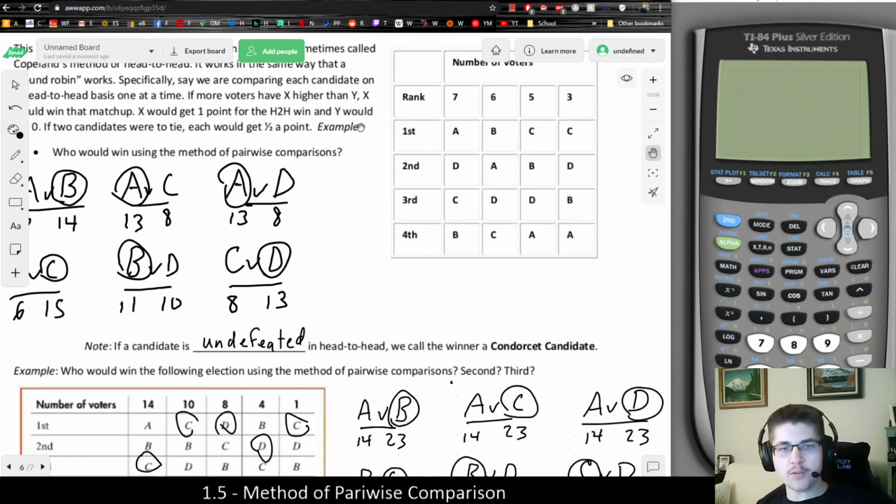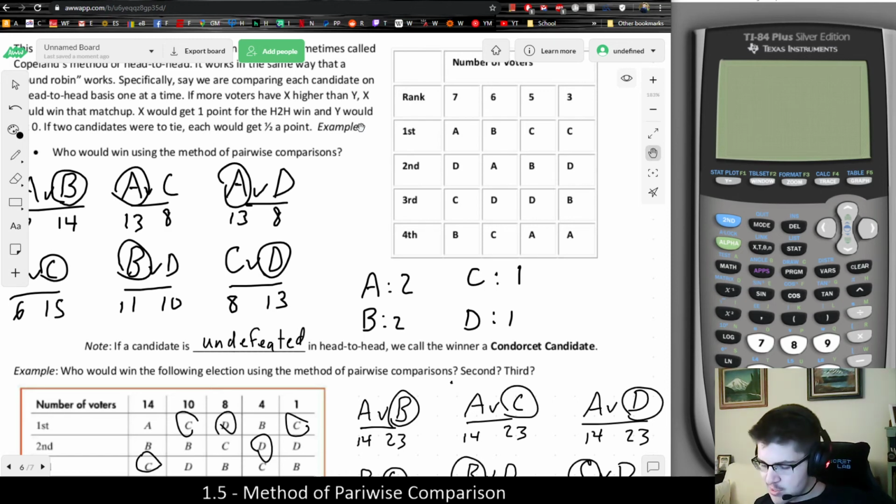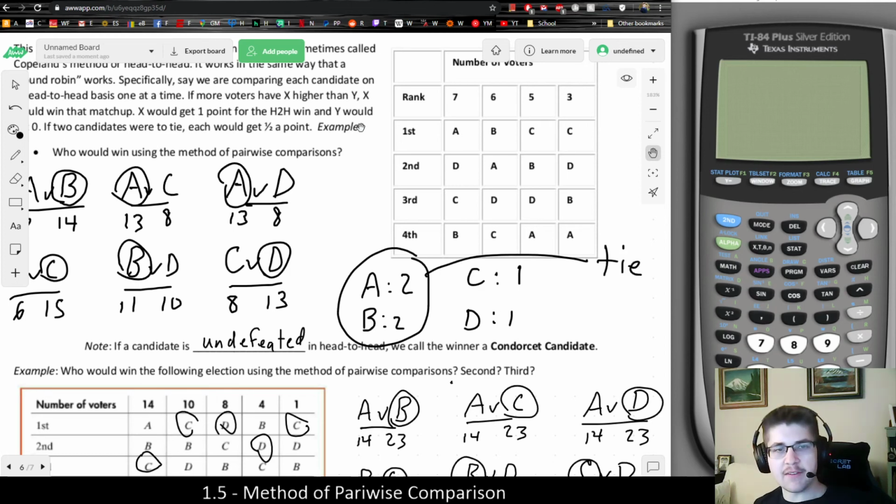Our final ranking is determined by the number of wins. Notice that A has 2 wins, B has 2 wins, C has 1 win, and D has 1 win. If you're wondering how I make a decision here, this would just end up being a tie, because both of those 2 candidates had 2 wins in the method of pairwise comparisons, so we don't really have a way of breaking the tie and determining the answer.